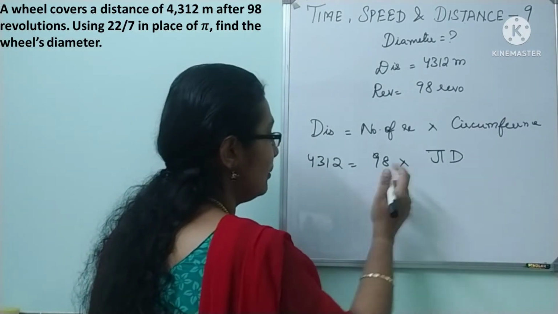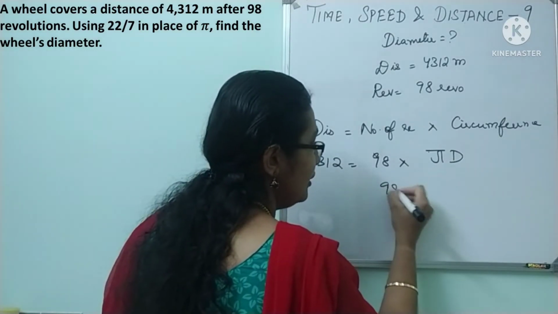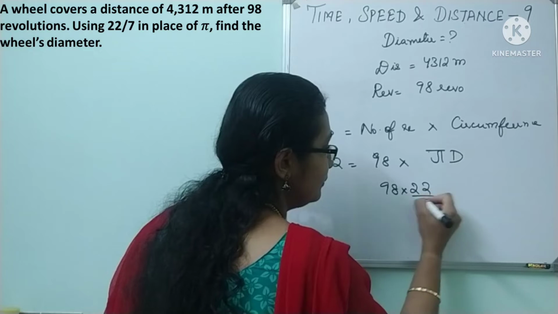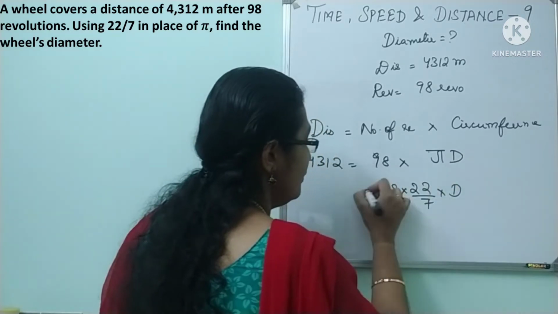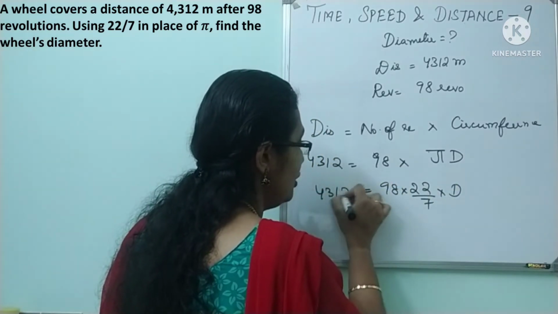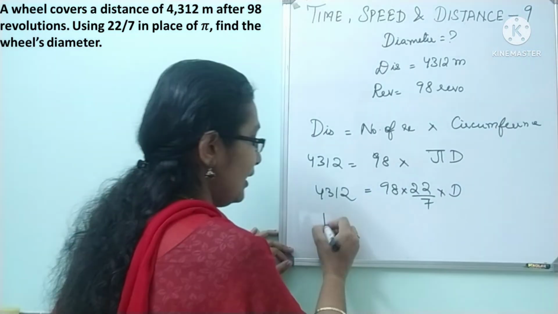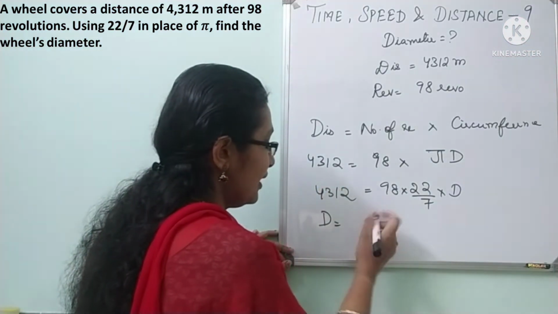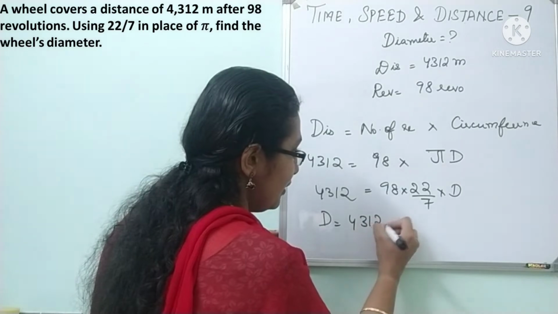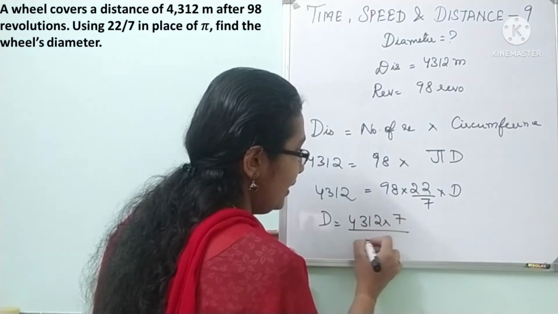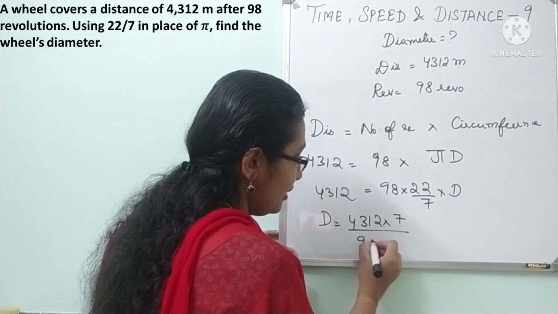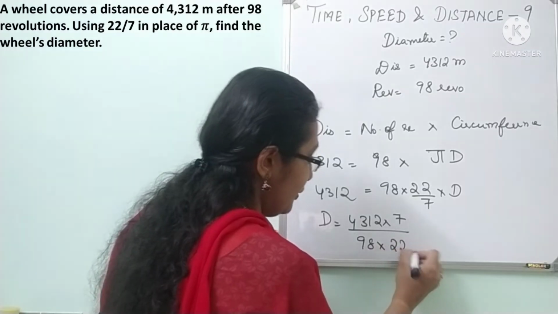So pi d is nothing but 98 into 22 by 7 into d, which is equal to 4312. So on keeping d one side and taking others to the other side, this 7 will come on the numerator, 4312 into 7 divided by, this both will come in the denominator, 98 into 22.